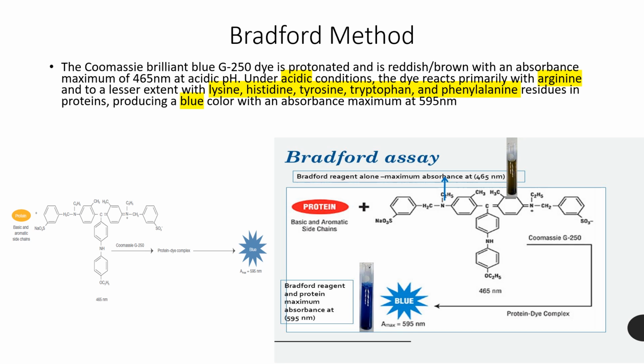So if it's a more concentrated protein, then you have an even deeper color. The more protein you have, the more dye will bind, and then you have a more intense color.